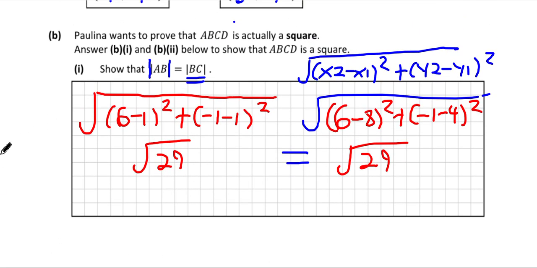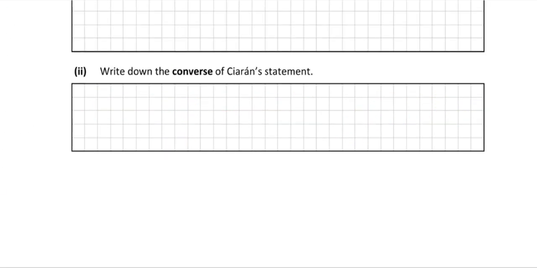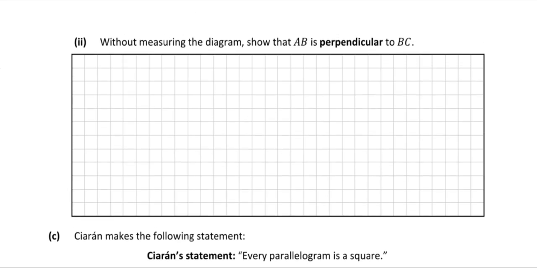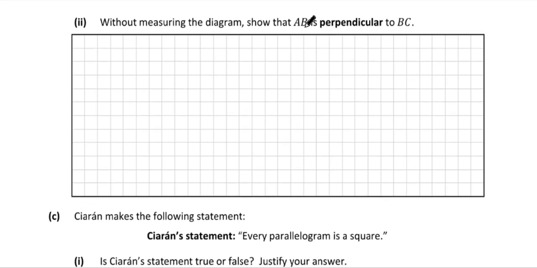Ready for B part 2? Okay. Without measuring the diagram, show that AB is perpendicular to BC. When you're talking about the word perpendicular, am I talking about lengths? What am I talking about? Angles or slopes? Yeah?